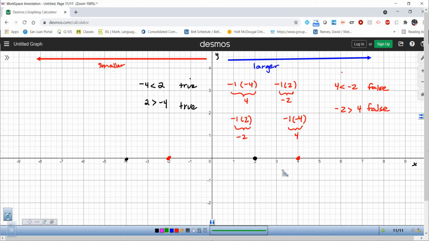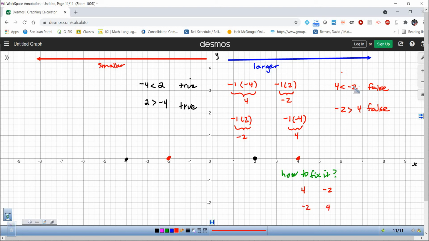All right, so then the question becomes, how to fix it? How do you take these false statements and make them true? Well, let me just ask you, these red dots here, how does -2 actually compare to 4? How does 4 compare to -2? So I'm going to write 4 and -2, and -2 and 4.